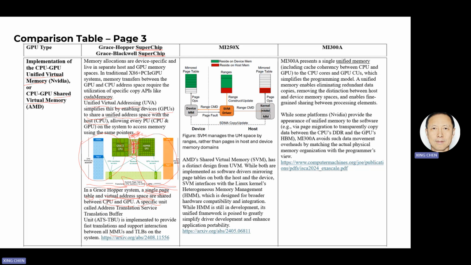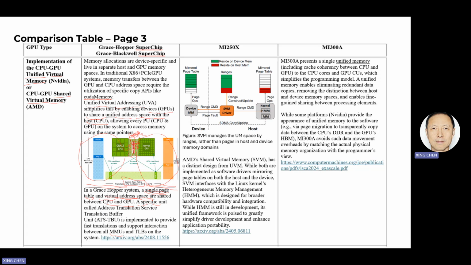After it has been translated, into GPU memory or into CPU memory, the CPU or the GPU can use the translated physical address to read the data located in that physical place. So this is the way for Nvidia to realize this kind of unified virtual memory.